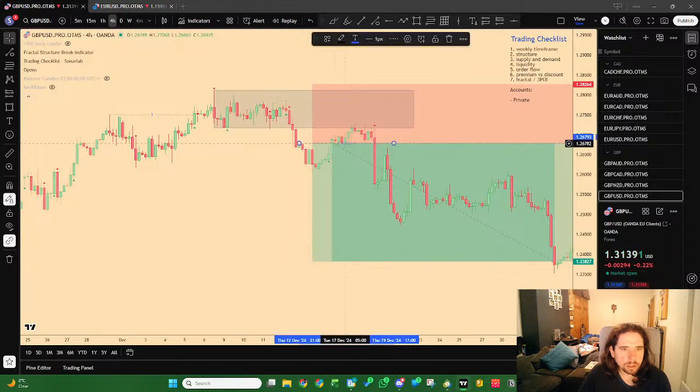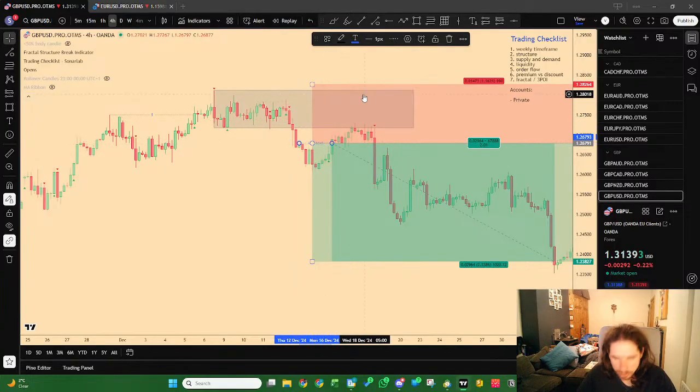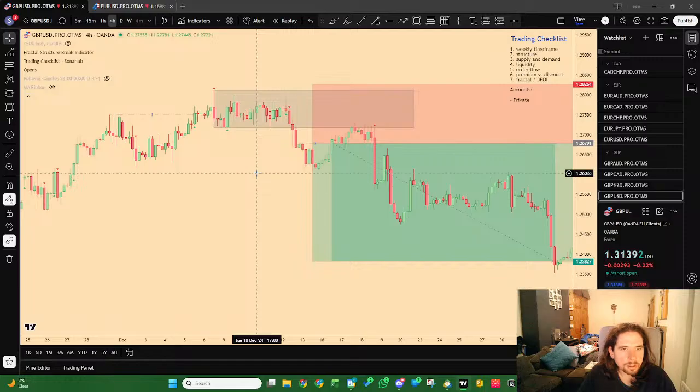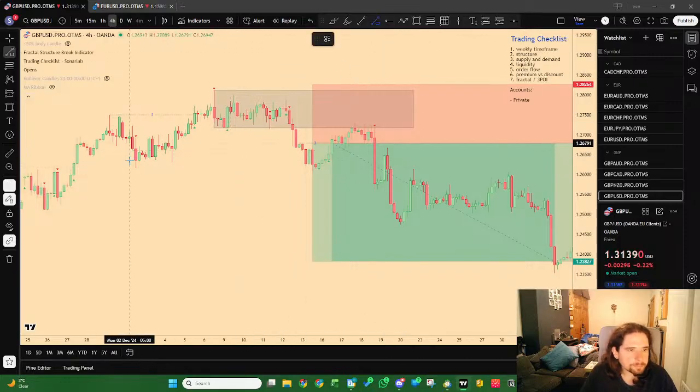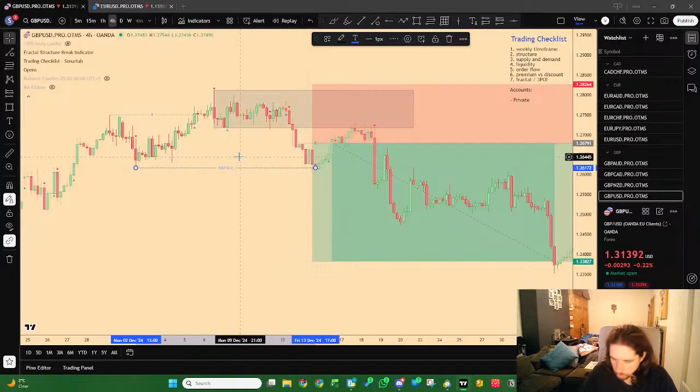You have an area of liquidity below or above the, am I missing something? Oh, you break structure. So you break structure here. Okay, so that's number 2.